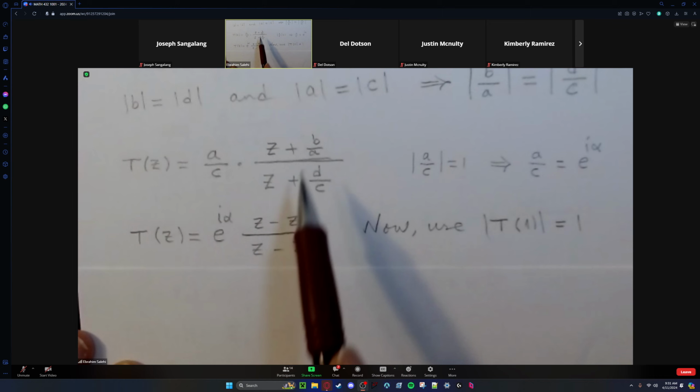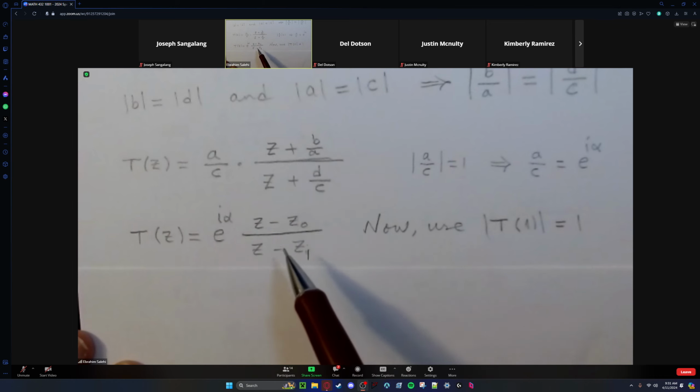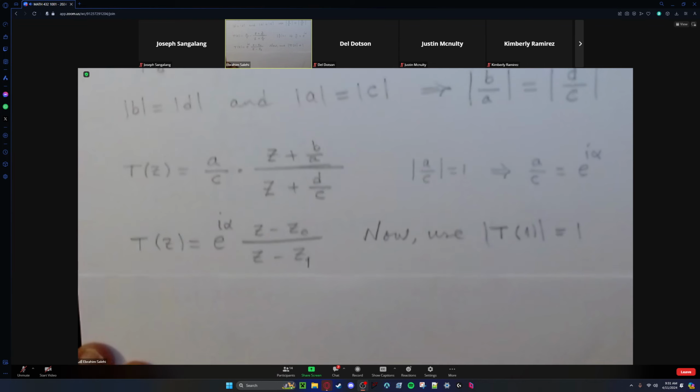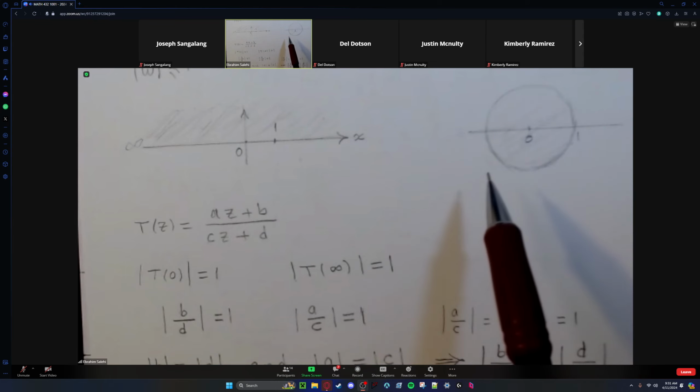This is the Z0, this is Z1. All right. And we know that the modulus of these two will be 1. Then comes this point 1. What about this? Well, if I plug in 1, again, the image has to be on this unit circle.